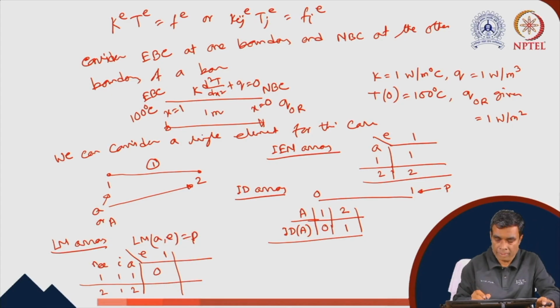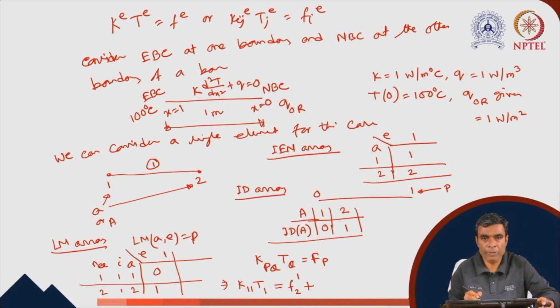Now our matrix equation system will be K_PQ T_Q equals to F_P. So here, using the LM array, this K_PQ is actually K11 T1 equals to F_P. F_P is F21 plus the contribution from the source term for the Laplace or Poisson equation.